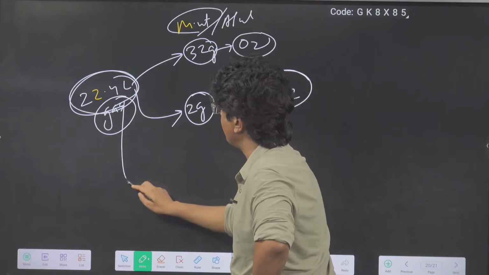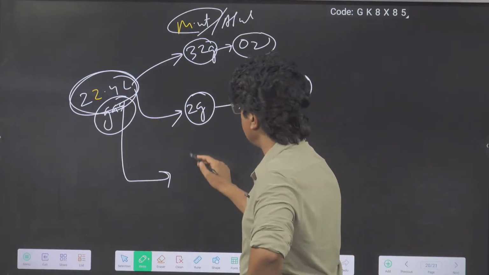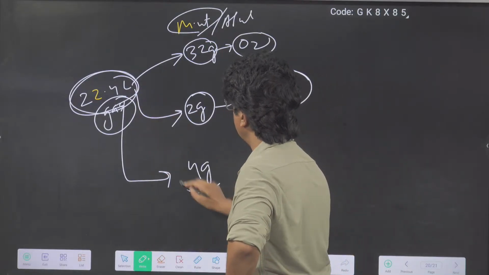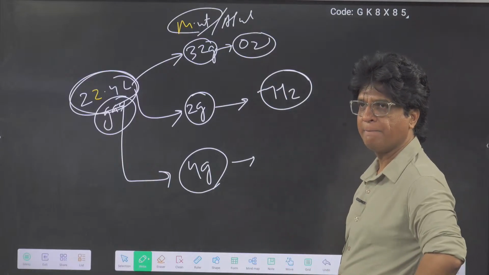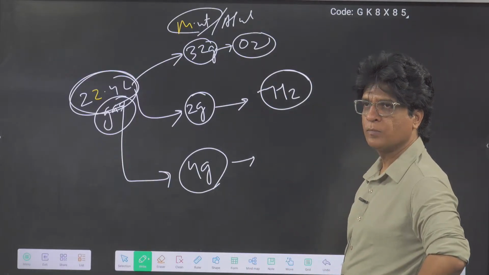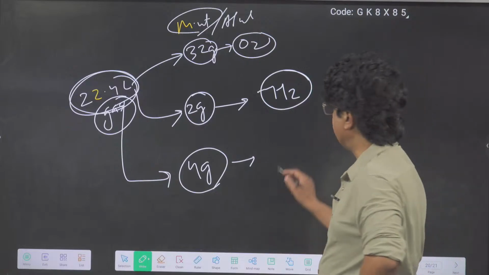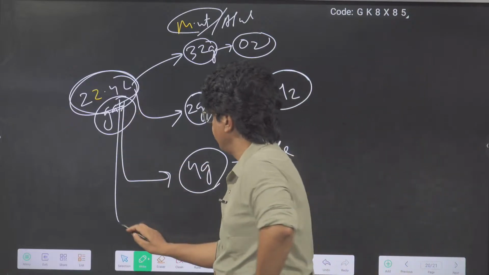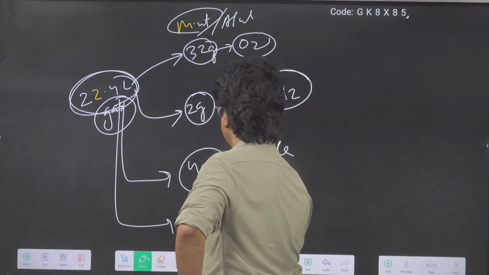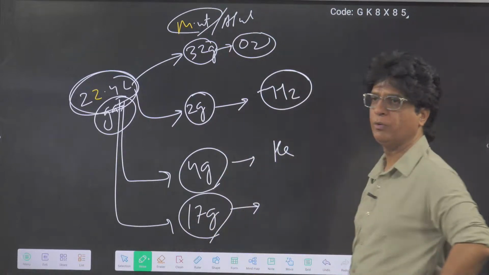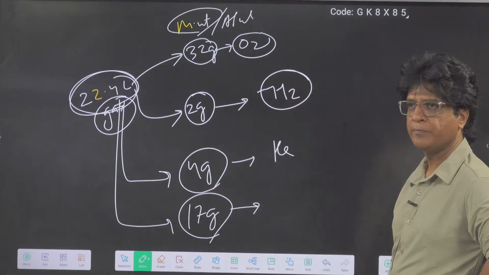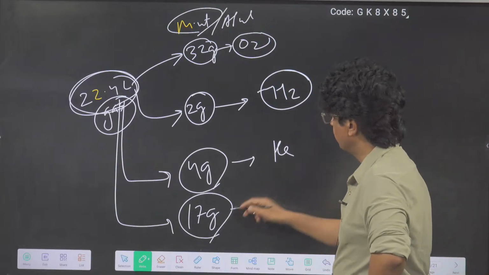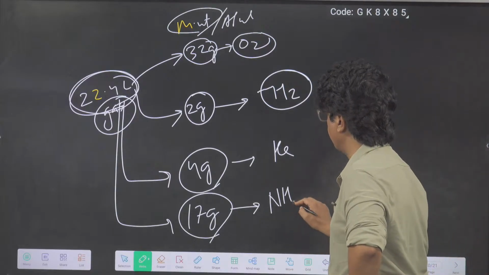Suppose I take 22.4 liter of a gas at STP and its weight happens to be 4 gram. Come on. Which gas are we talking about? Helium. So last one. If it is say 17 gram, which gas am I talking about? We're talking about ammonia.